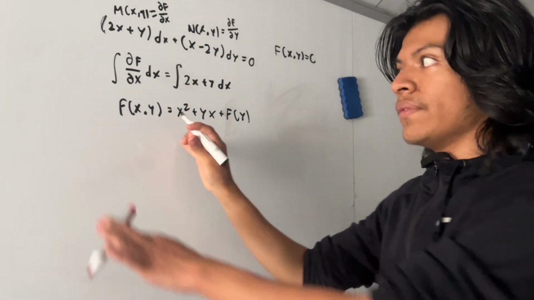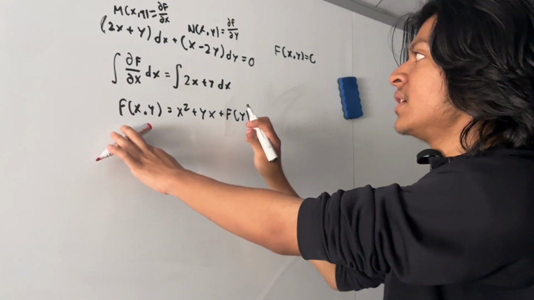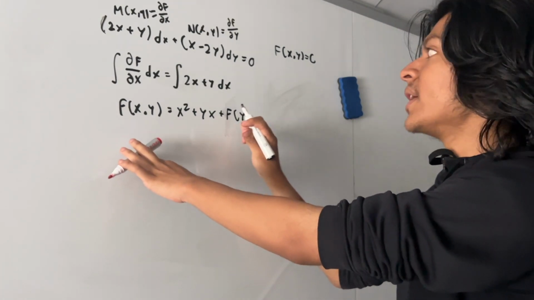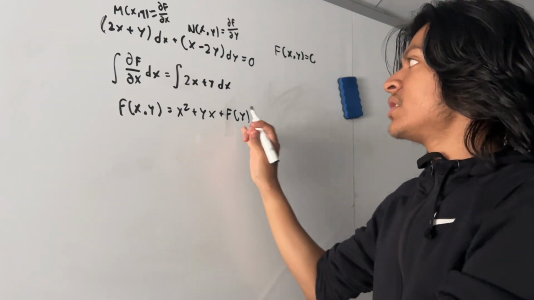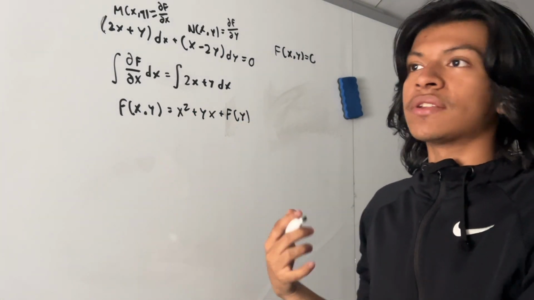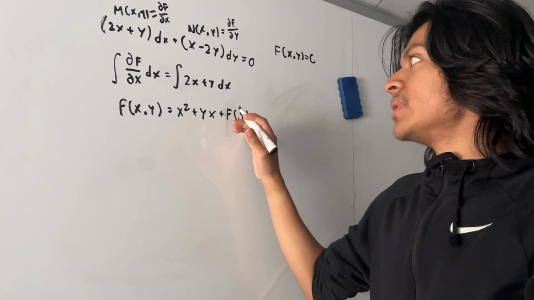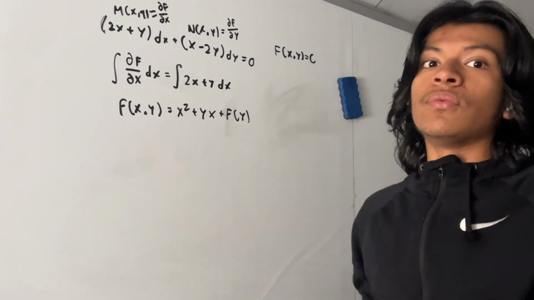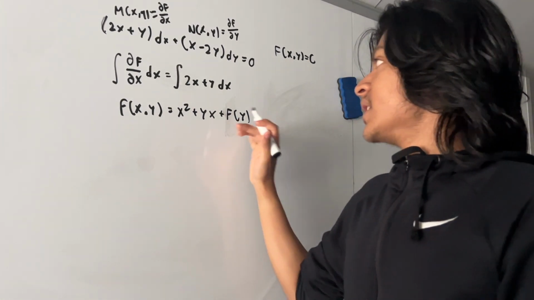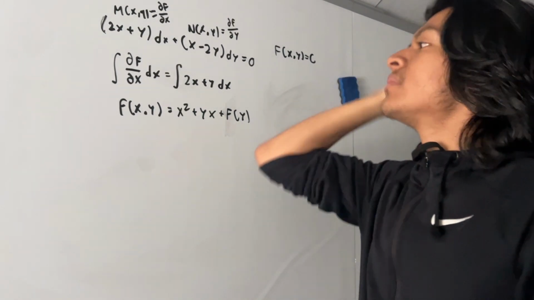Because if we took the derivative of this with respect to x, this should also go away even if it's a function of y. So this could be a constant, like just a number like 2, 3, 4, or this could be anything, a function of y in a sense. This cannot have any x terms in it.